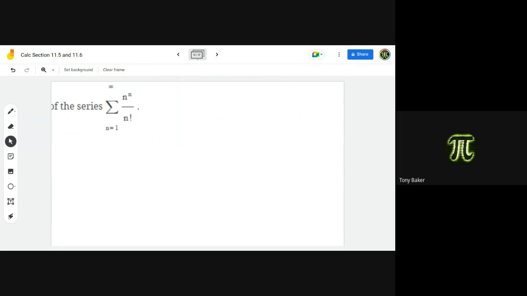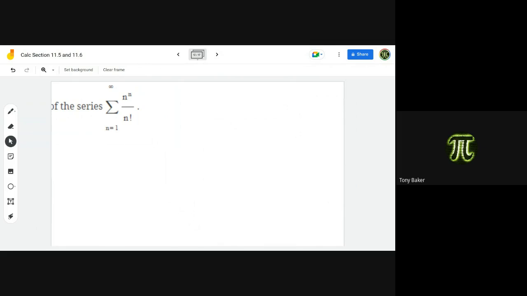Like this one, we have n to the nth power over n factorial. First of all, you never learned how to take derivatives of factorial, so we're not going to be able to do that. You never did the integrals of factorial, so we're probably not going to do the integral test for this one. It's not a p-series. It's not a geometric series. It's not alternating. So as of right now, the only test that you possibly could use would be the ratio test.